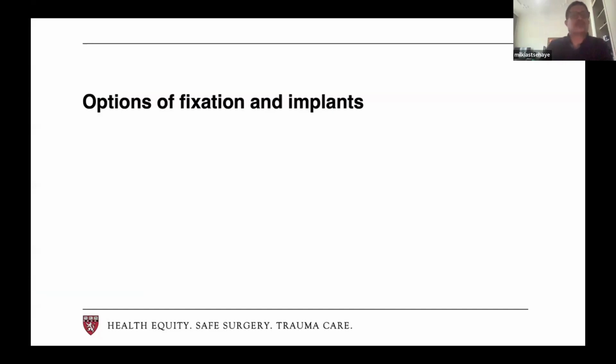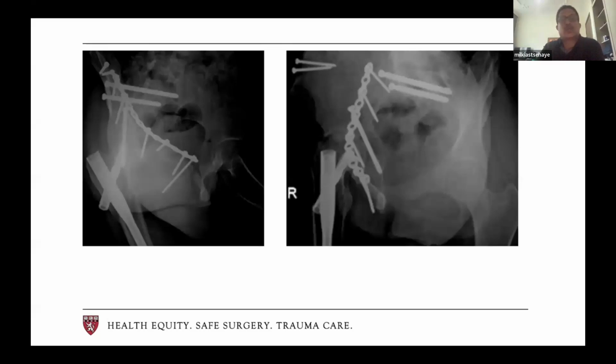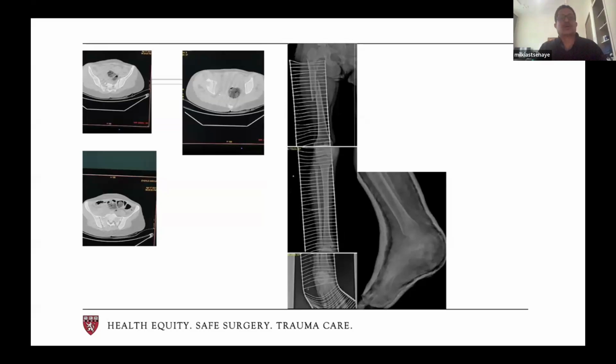Then we planned options of fixation and what implants to use. For the shaft as well, shall we use a retrograde nail and a separate implant for the proximal femur, or shall we use a single implant which addresses the pertrochanteric fracture, the femur neck fracture and the shaft fracture as well? So these are other additional images of the patient.